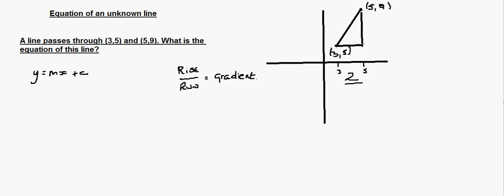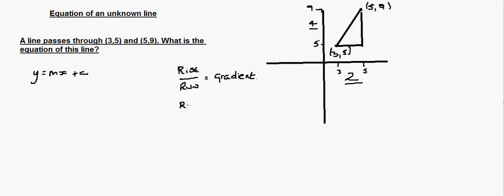So from 3 to 5, I would have gone along the x-axis 2. Now my y values are 5 and 9. So here I'm at 5, and I'm going to go all the way up to here where y is 9. So from 5 to 9 is 4. Okay, so my rise is 4 and my run is 2.